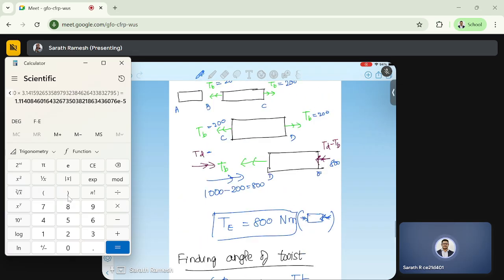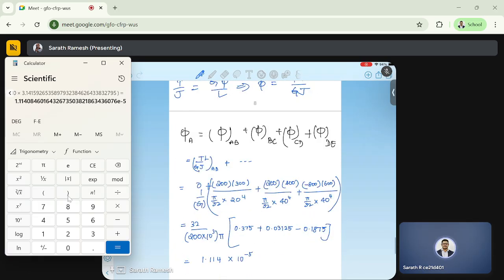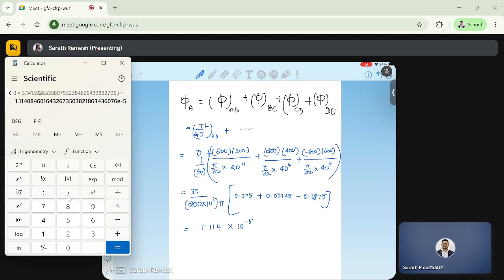We want it in terms of 10 power minus 3 radians, into 10 to the power 3.